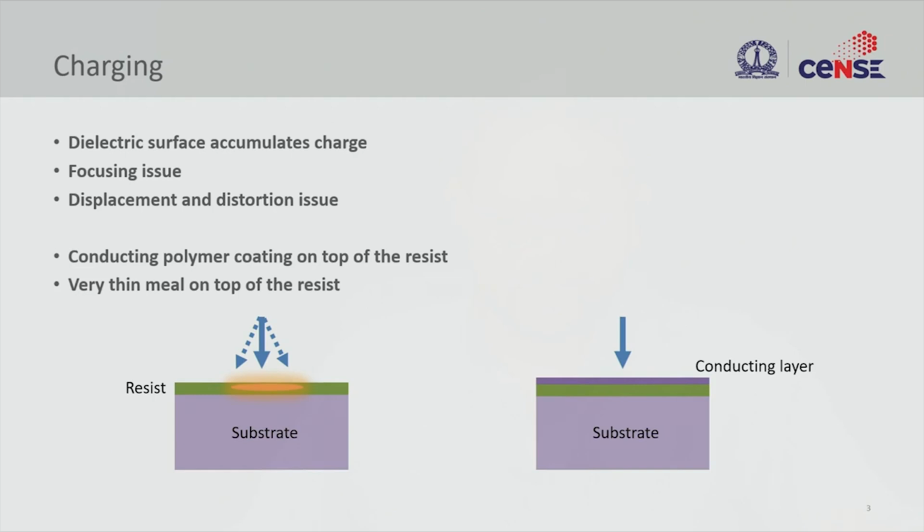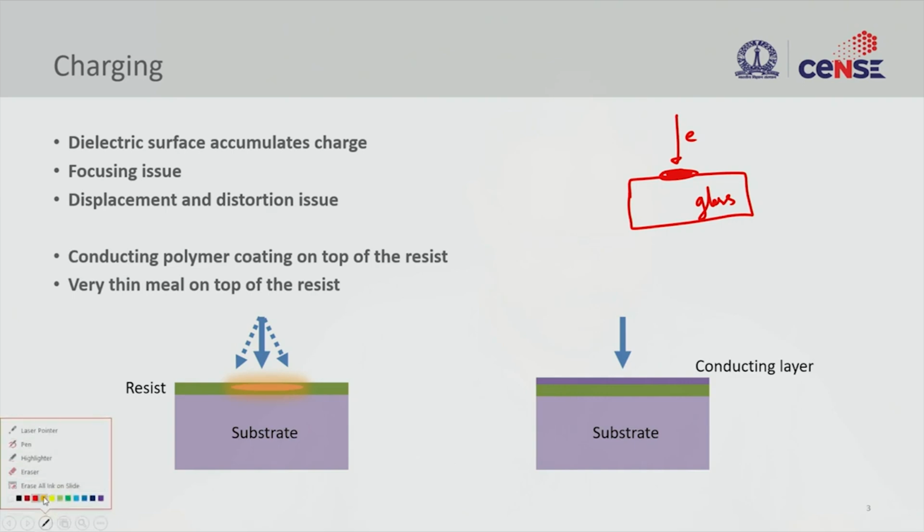Unlike optical lithography, we have a special challenge here. The challenge is handling charging. What we are doing is shooting electrons. So when you take any dielectric substrate, let us say glass, and shoot electrons onto this glass substrate, a charge cloud will form here. Why is that?